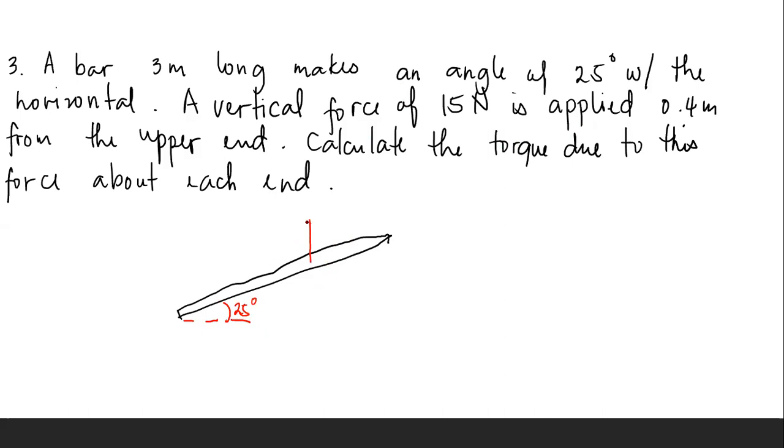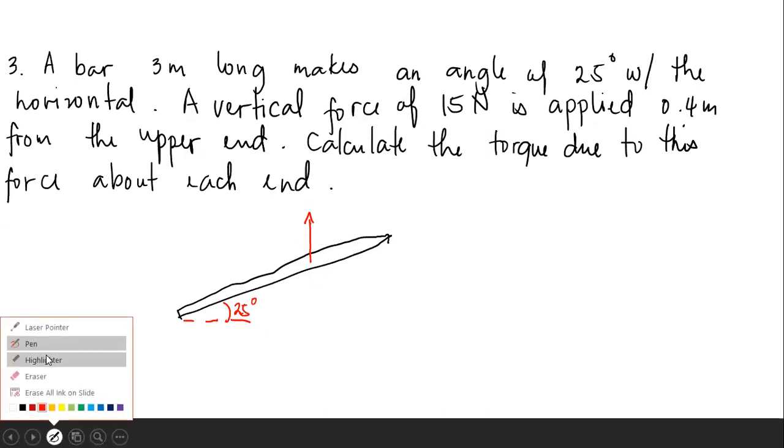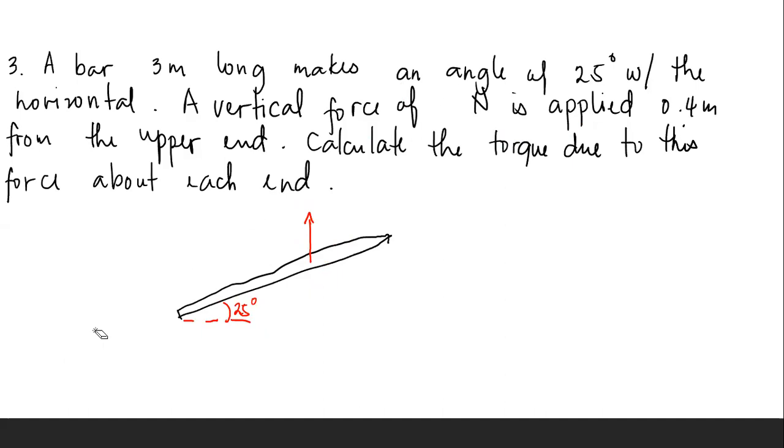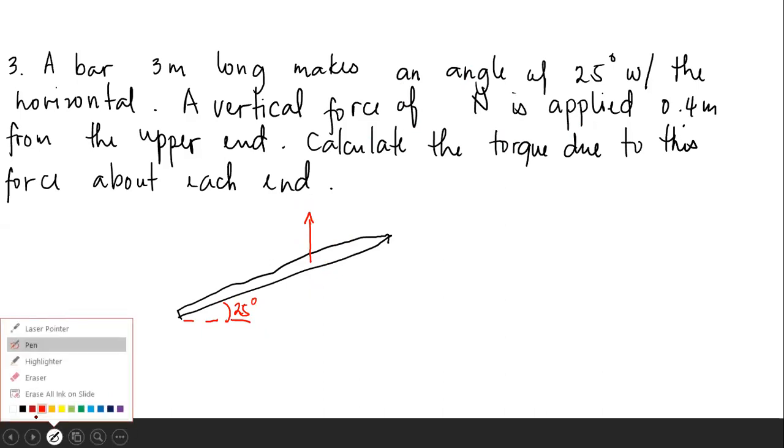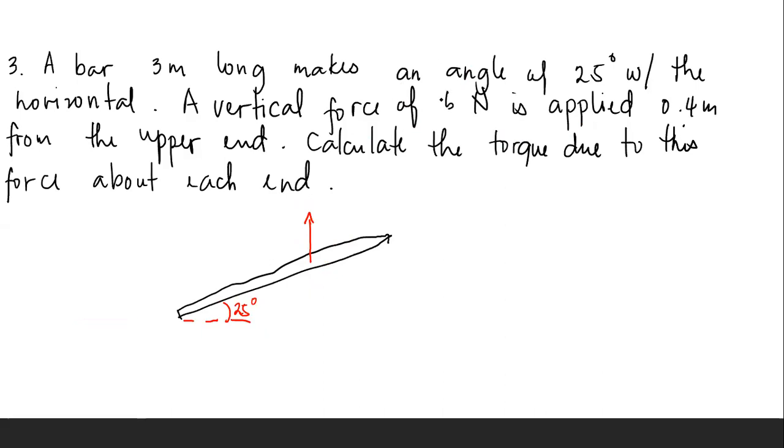Correction, it is 50 newtons. This one is 50 newtons, 0.4 meters from the upper end. Therefore, this one is 0.4 meter. If this one is 0.4, and the total is 3 meters, then this one is 2.6 meters.